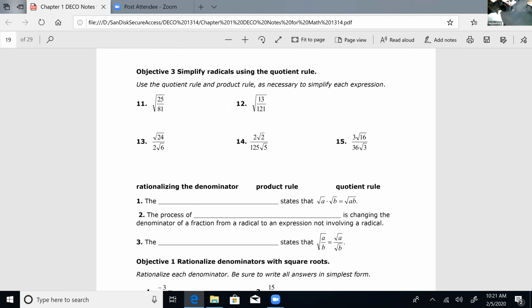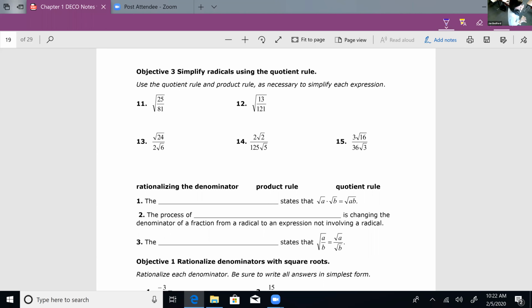We've already looked a little bit at it, and I think you guys can probably do something like number 11 already, because we said if we're taking the square root of a fraction, then is it possible to take the square root of the top over the square root of the bottom? And as long as these are perfect squares, that's what you want to do. It's all going to depend on the numbers in your fraction, which way you want to go.